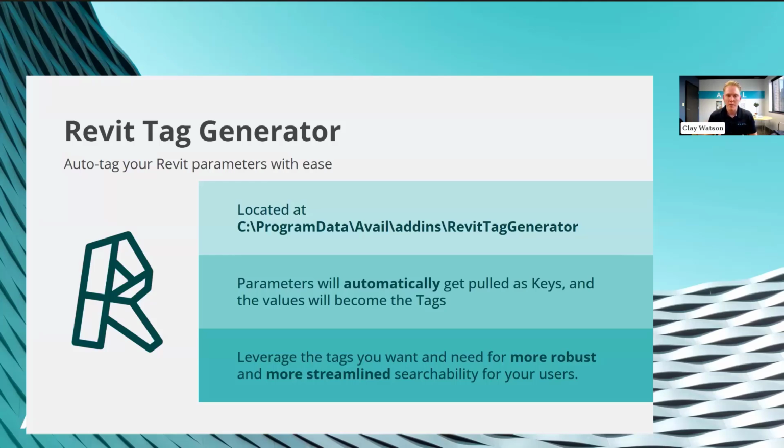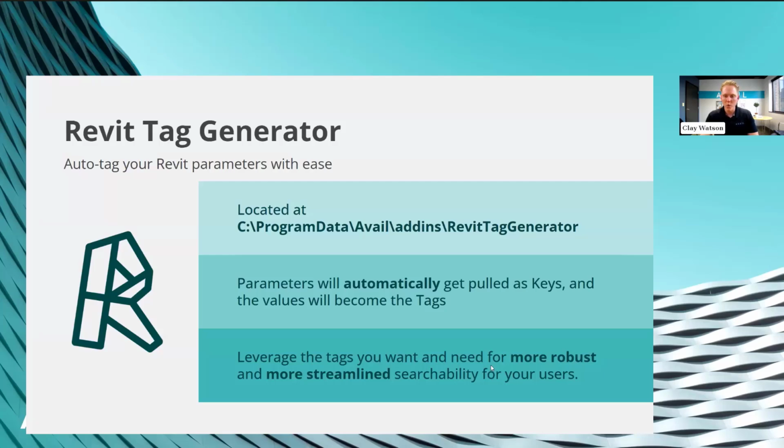But you at least have that starting place and that first searchability out of that content as soon as you harvest or add it to AVAIL. So again, this is all around creating a more robust and more streamlined searchability for the users. That's really the focus of tagging and having a tagging strategy: creating a more efficient searching experience for your end users.